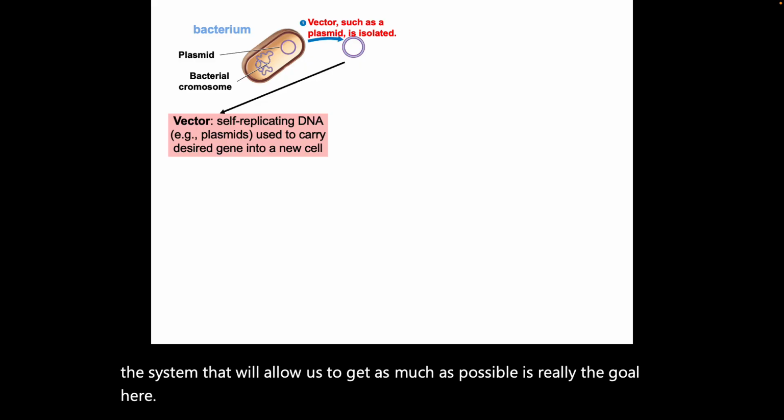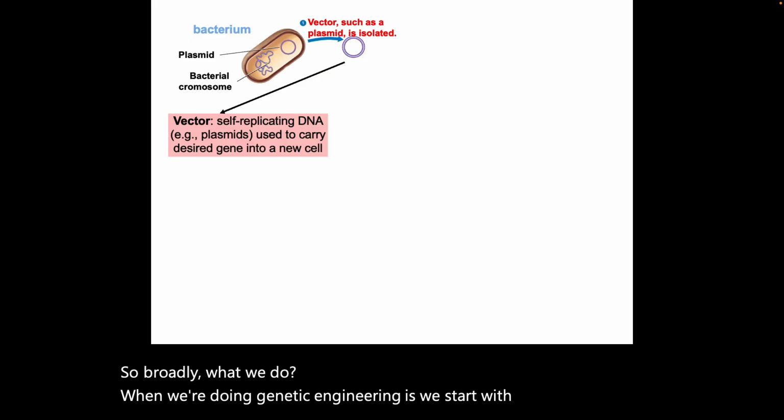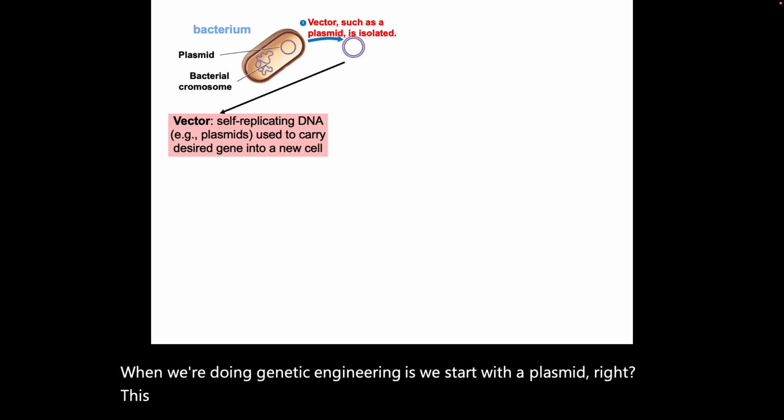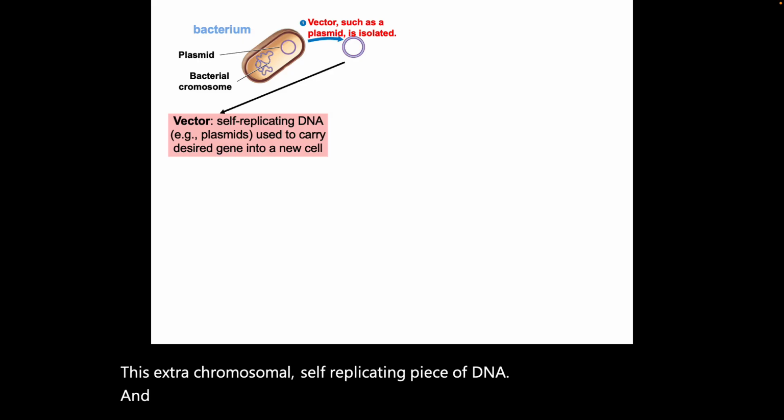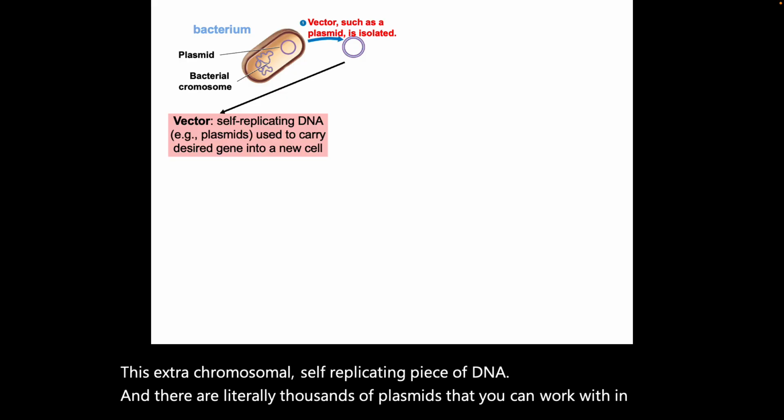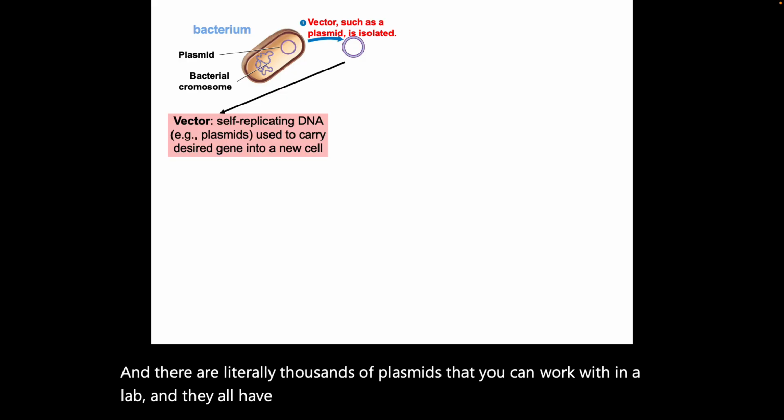So broadly, what we do when we're doing genetic engineering is we start with a plasmid, right? This extrachromosomal, self-replicating piece of DNA. And there are literally thousands of plasmids that you can work with in a lab. And they all have different purposes. Some of them allow you to swap one gene for another.